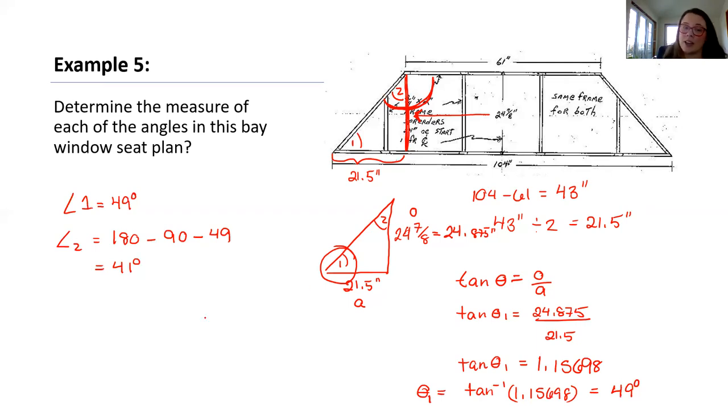So what's the whole angle in the seat? The large angle in the seat is going to be equal to angle 2 plus 90 degrees. So you've got 90 degrees on that corner, which is equal to 49 plus 90, so it's 139 degrees.